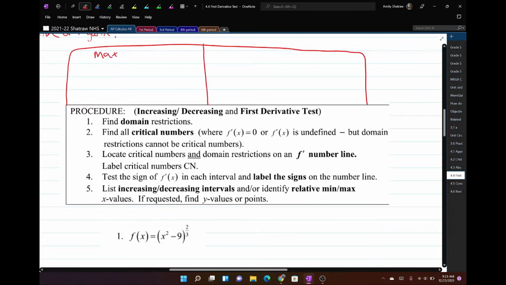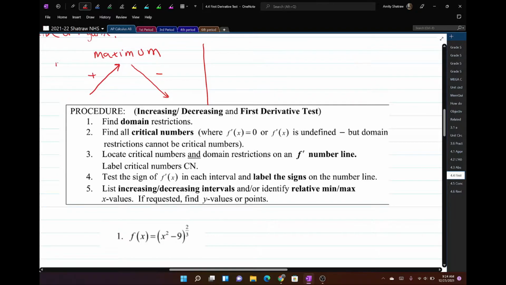You have found a maximum for your function if you can see that the derivative has a positive value on it, because that's where your function was increasing, and then you can see that your derivative has a negative value on it because then your function was decreasing. All right, and the notation for this is that if f prime of x was positive, then f of x is increasing.